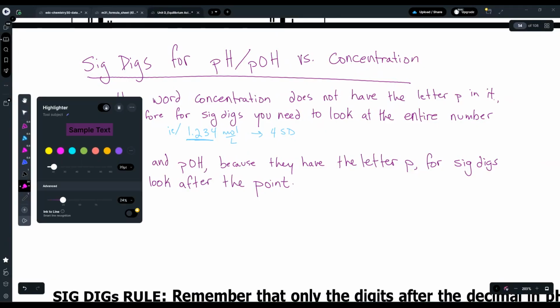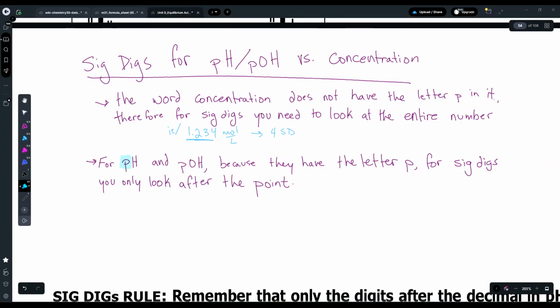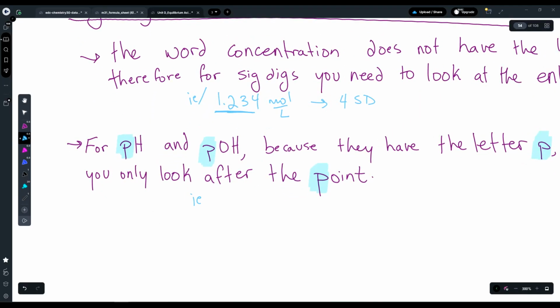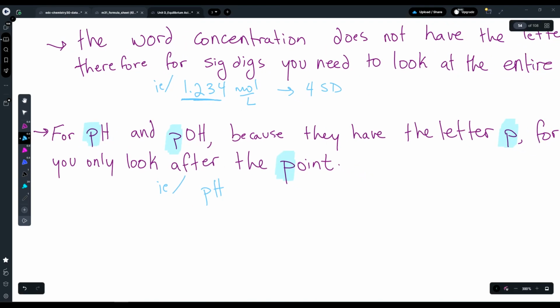Okay, so again for pH and pOH, because they have the letter P, for sig digs you only look after the point. So if we have an example here, it doesn't really matter if this is pH or pOH, it'll be the same amount of sig digs, but let's just say I'm talking about pH here.